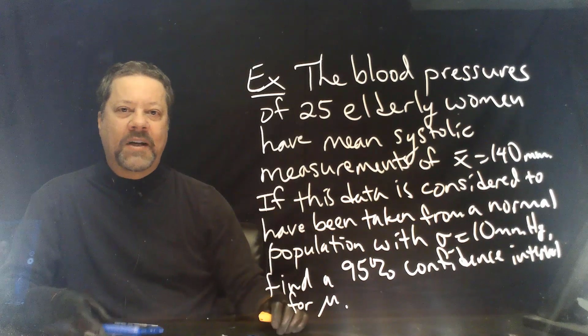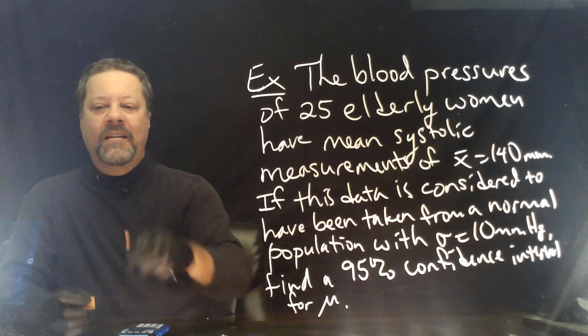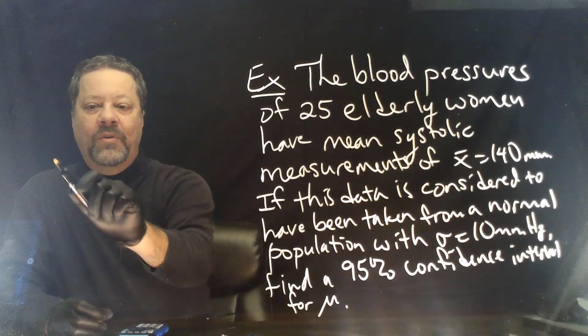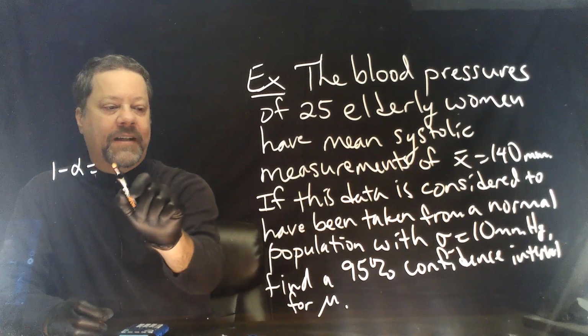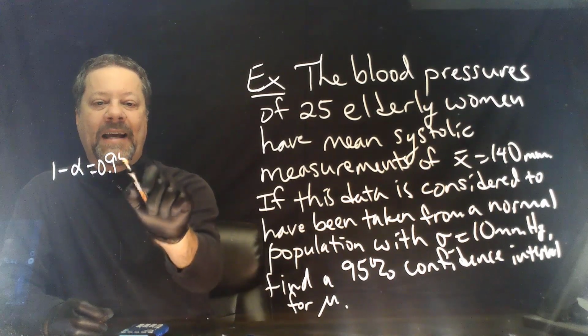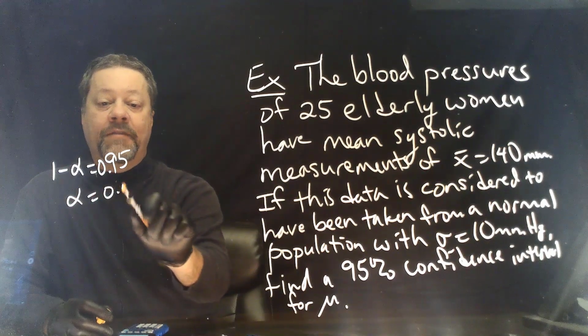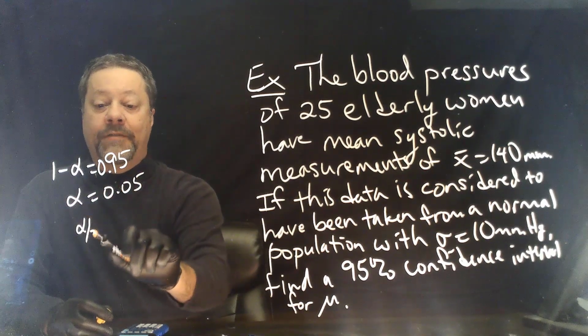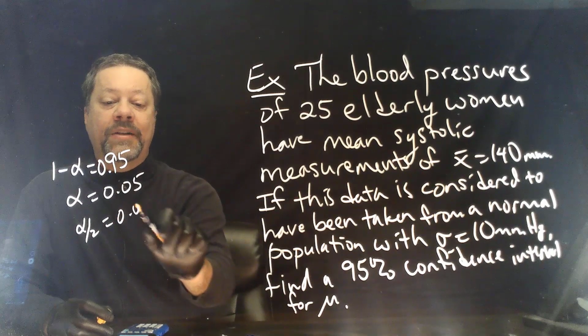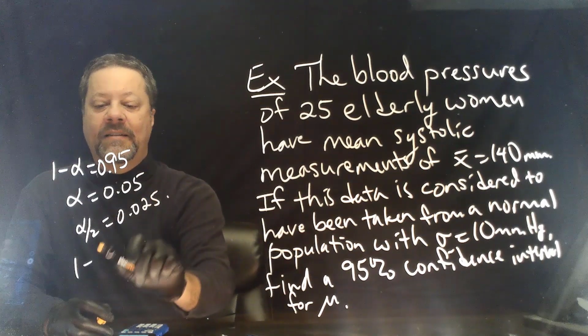We'll do this a couple different ways. Notice that 1 minus alpha, the confidence level, is 0.95, 95%, which means alpha is 5%, and alpha over 2 is then 0.025.